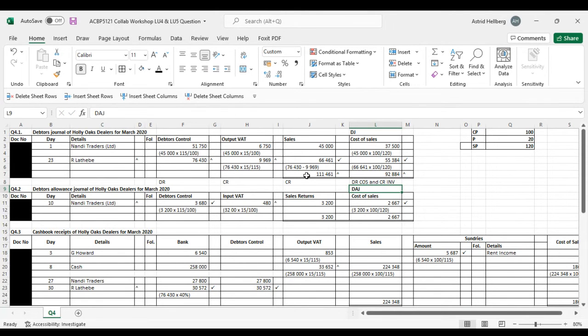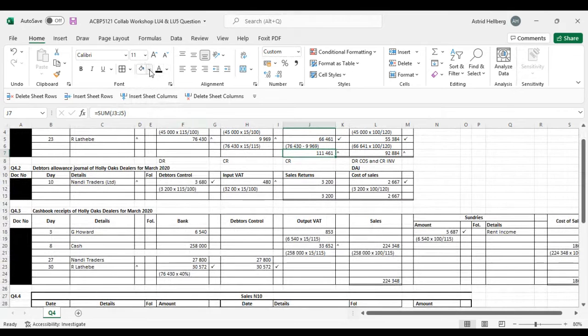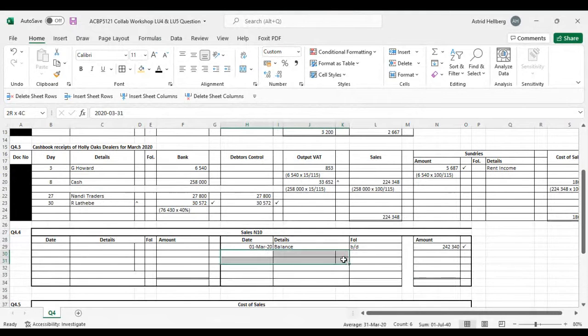So let's start with the first one. The sales would be on the credit side of the sales account for 111,461 Rand. Okay, so let's make this a yellow. So then on the sales account, on the credit side, we will transfer that total from our debtors journal.